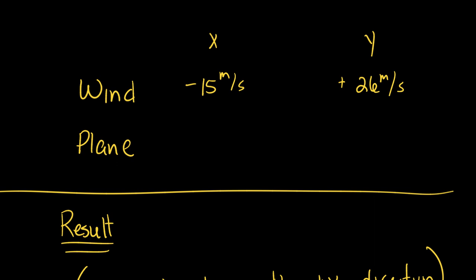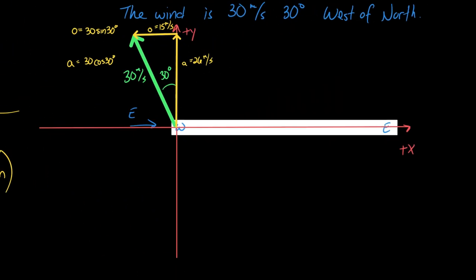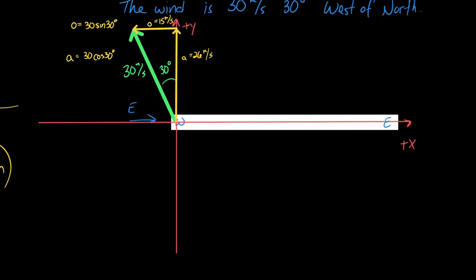All right, got to deal with the plane now. The plane has to have a velocity that will allow it to land traveling exclusively in the east direction, but it has to fight the wind. So I kind of expect that the plane's going to have a velocity that way.